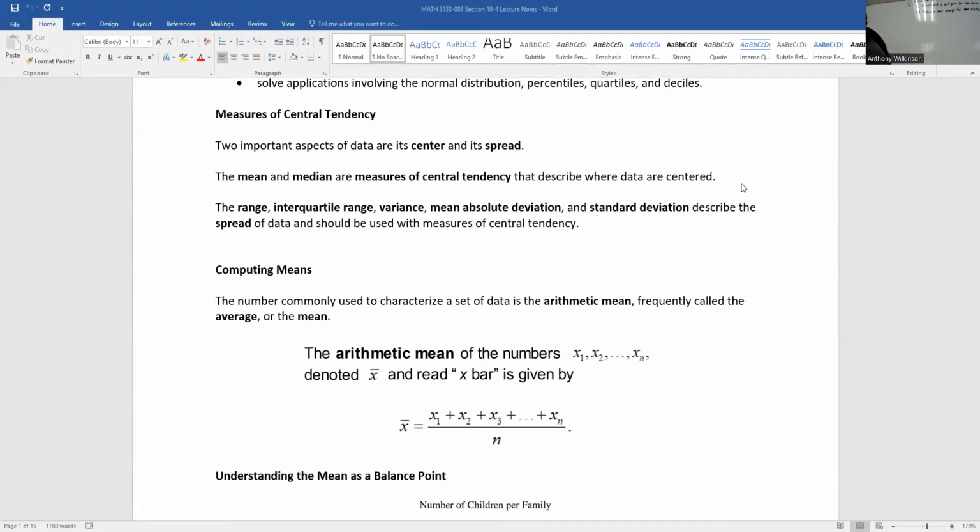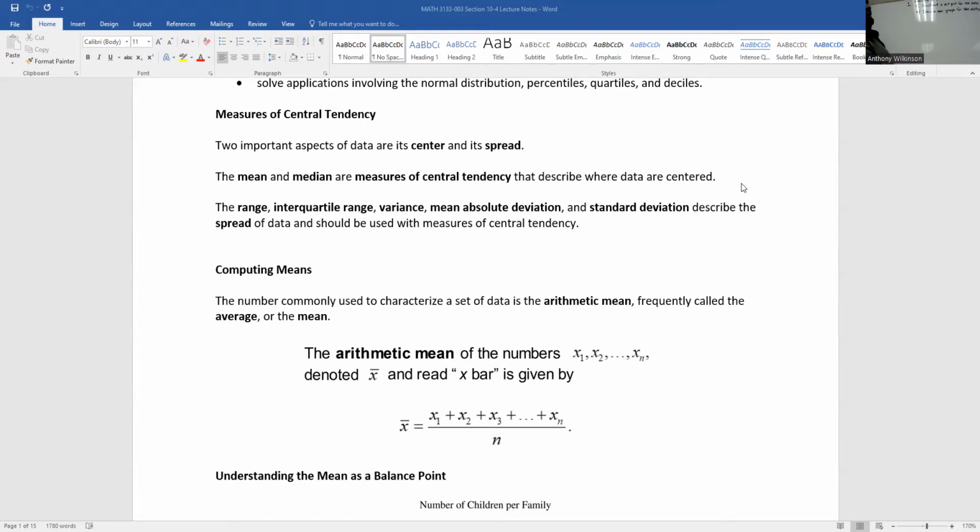Our measures of central tendency are usually going to be the mean and the median, and also we'll look at the mode as well. Those describe where the data are centered. Whereas the range, also the interquartile range, variance, mean absolute deviation, and standard deviation describe the spread of the data and should be used with measures of central tendency.